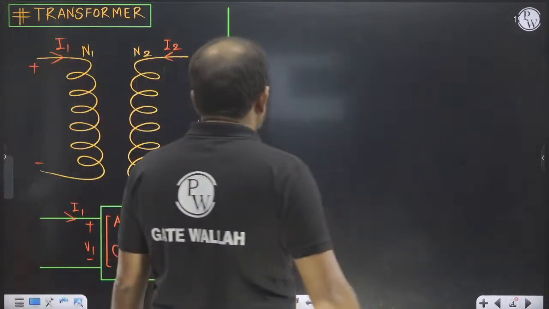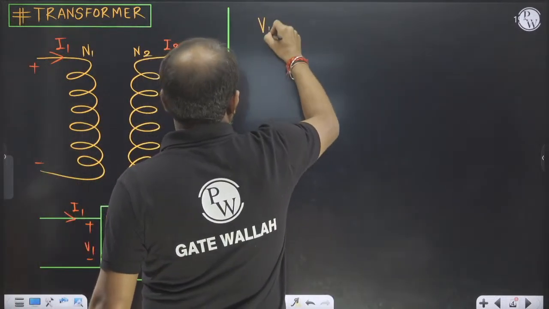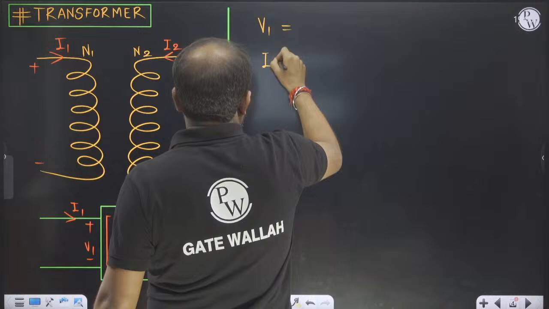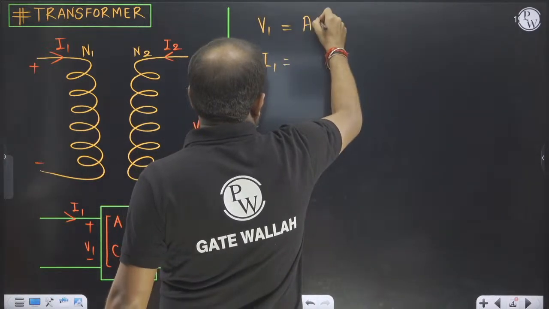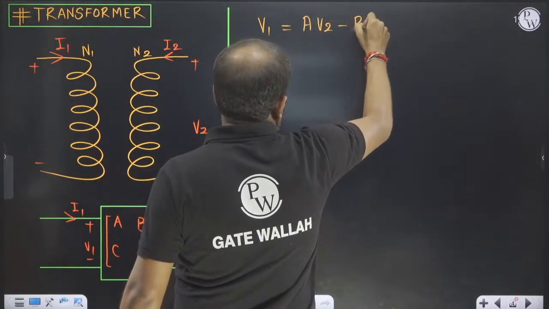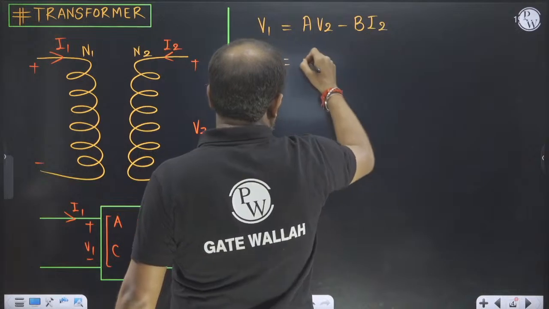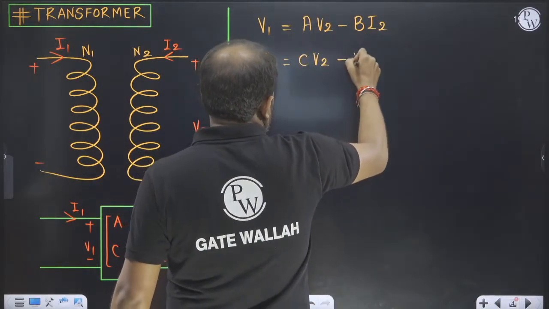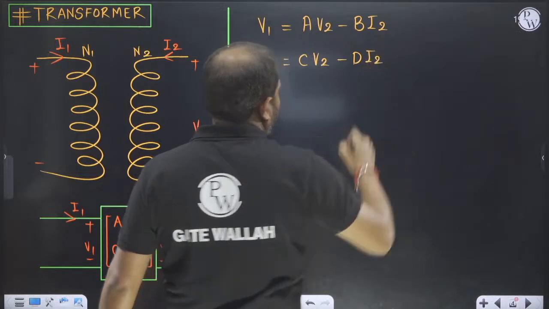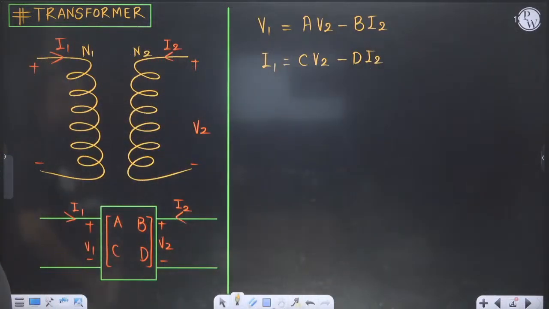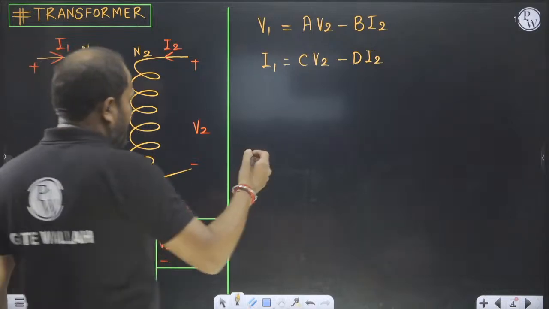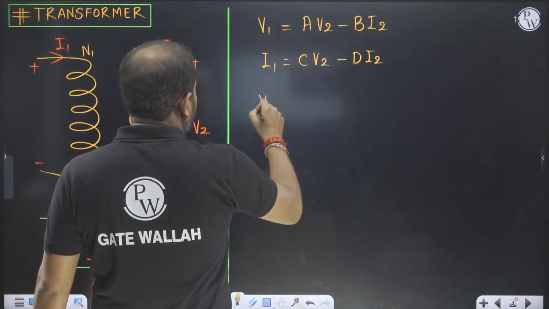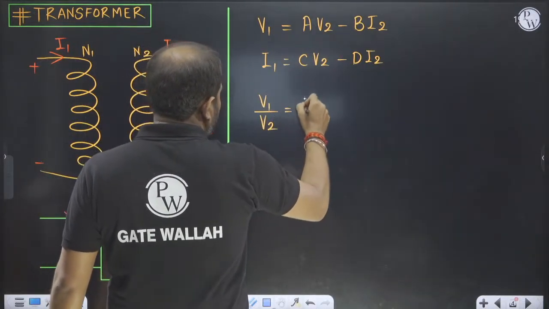So I2 current is entering, so I will take minus, because an entering I2 current is taken with a minus sign. So I2 will be minus. Then we have a relation in the transformer that we studied in 12th class. V1 by V2 is equal to N1 by N2.